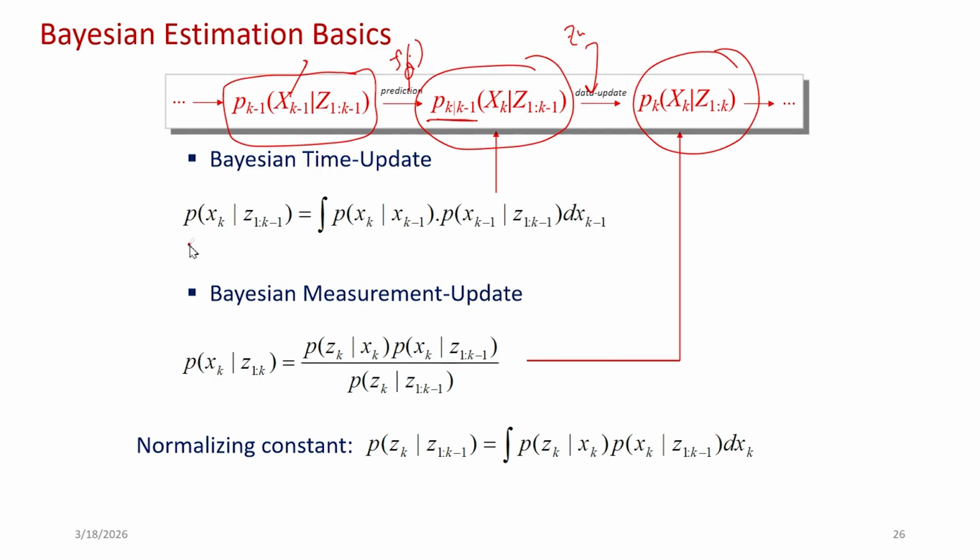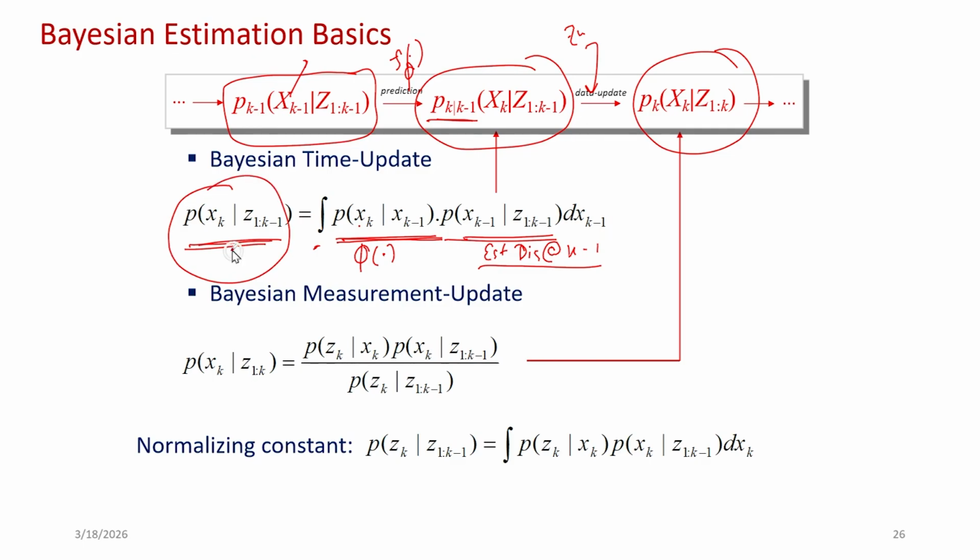So, your predicted distribution is equal to the integration of your Markovian dynamics, probability of xk given xk minus 1, which is actually your phi, and xk minus 1 is actually the estimated distribution at k minus 1. You are given this value, that means when you say estimated distribution you are given one mean and one variance. Distribution means you always remember one mean, one variance you are given. With the state transition matrix you integrate it and you generate another predicted distribution.